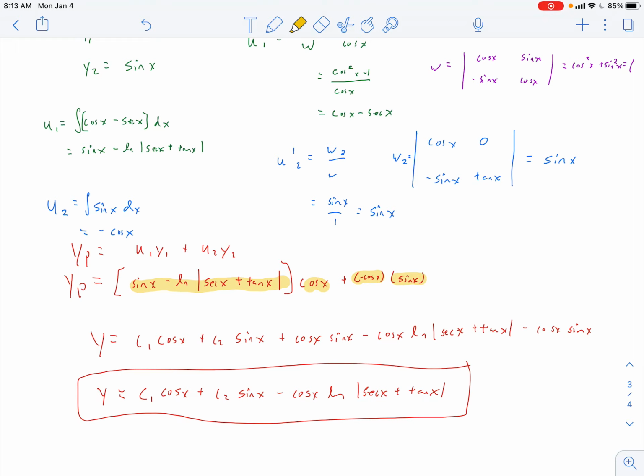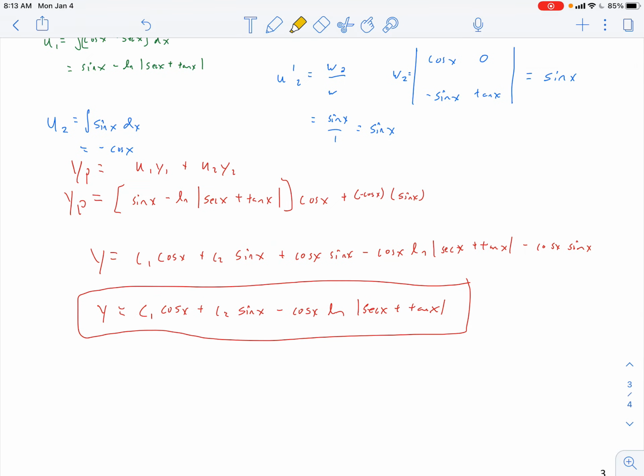Then we clean that up to find our final solution. There's our complementary solution and there's our particular solution. Hopefully you've noticed I have positive cosine x sine of x minus cosine x sine x, so that cancels out. We're left with our final solution, made up of the particular and the complementary. Hopefully you found that wasn't too bad.